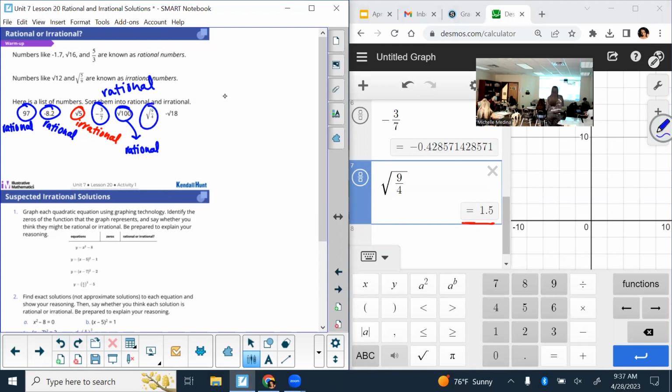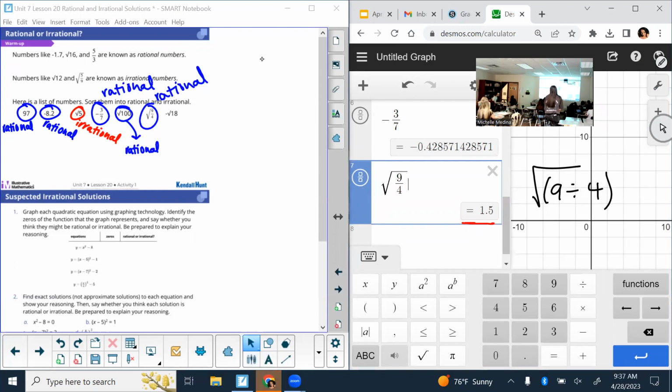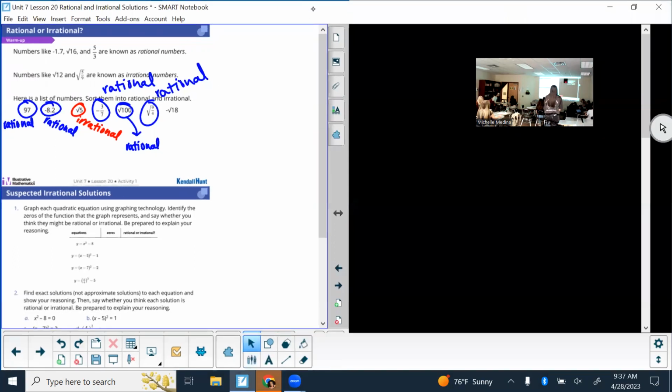Did you get 1.5 in your calculator? So what you probably would have had to do is put the 9/4 in parentheses and then press the square root button. So yeah, all calculators, it's different. It just depends on which one you have. I say practice with the one you plan to use on the test.